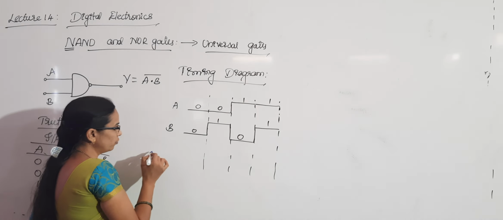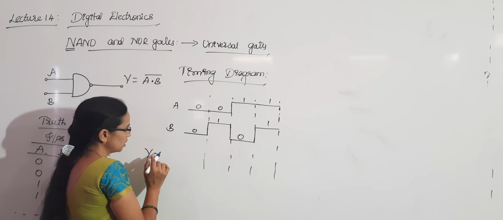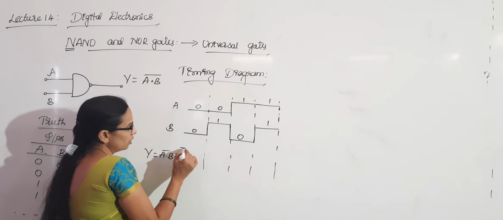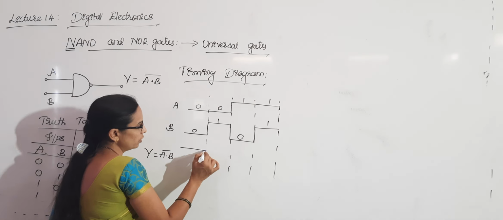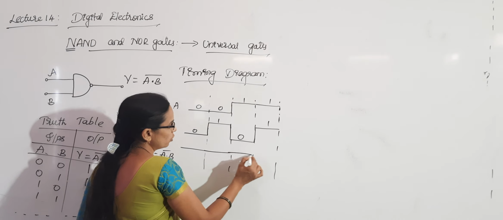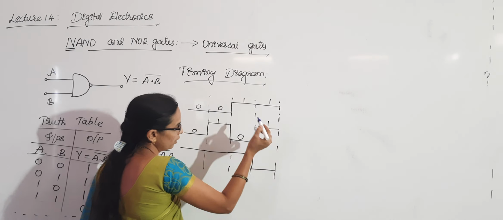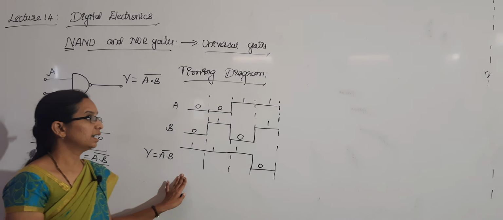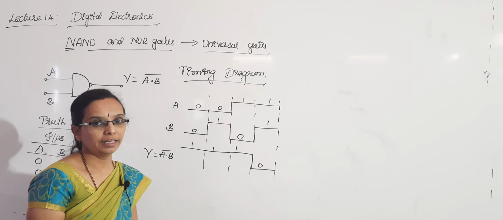What will be the output of the NAND gate? That is Y is equal to (A dot B) whole complement. For 0 0 the output is high, for 0 1 the output is high, for 1 0 the output is high, for 1 1 the output is 0. This is the timing diagram for the NAND gate.